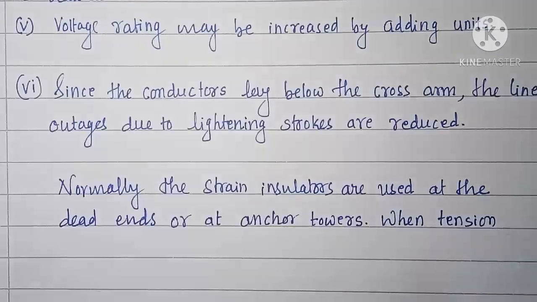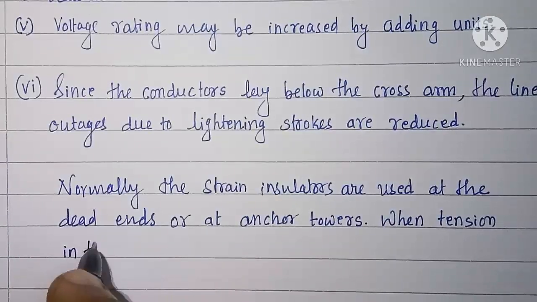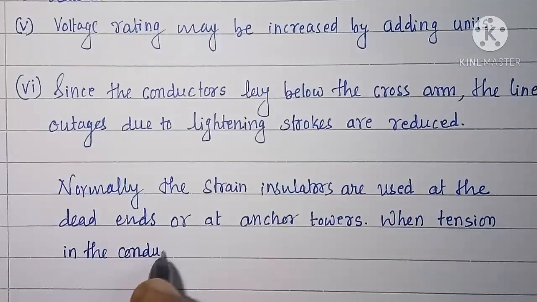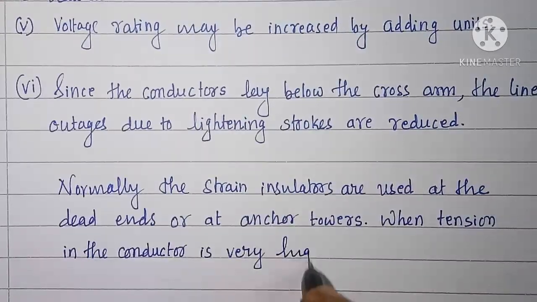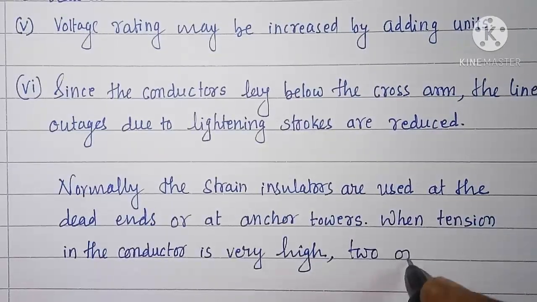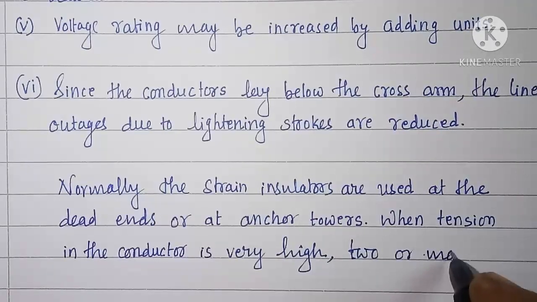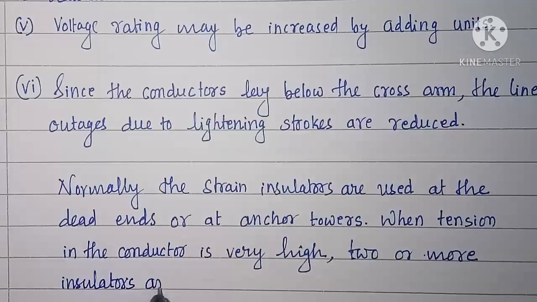When tension in the conductor is very high, two or more insulators are used in parallel.